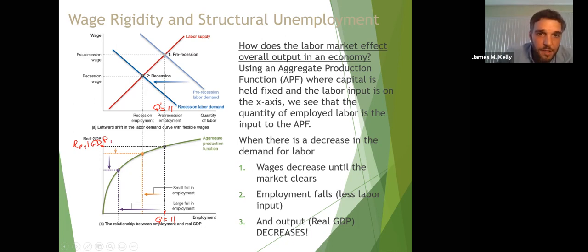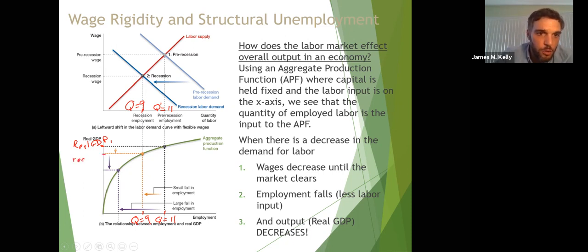When there's that decrease, what's going to happen? Again, quantity of labor is going to decrease. Let's say it drops down to 9 billion hours. When that occurs, the input into the aggregate production function, which has labor on the x-axis and capital held constant, is now reduced to 9 billion hours, which is going to reduce real GDP.